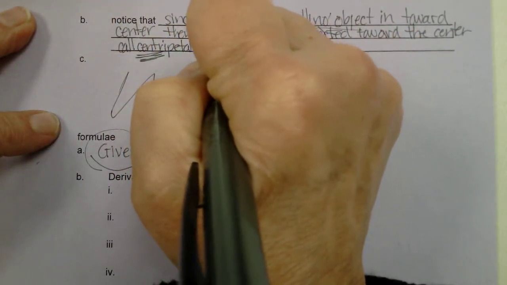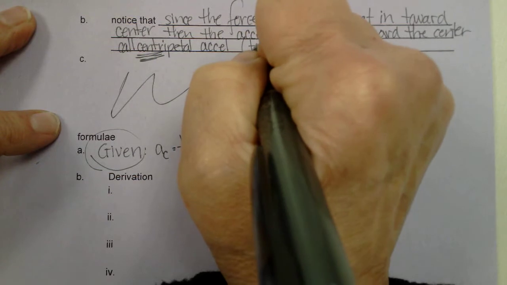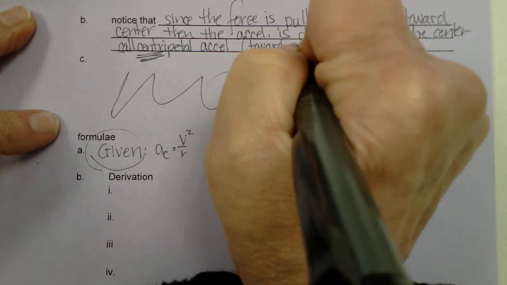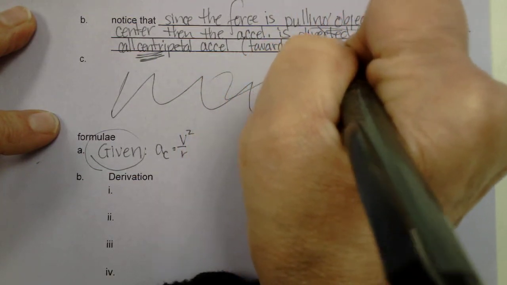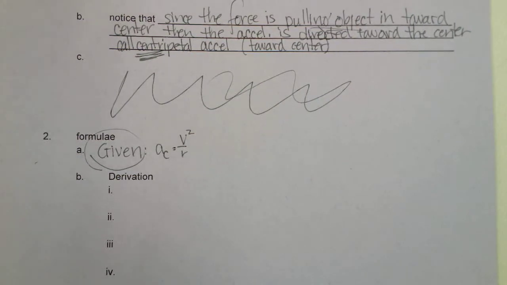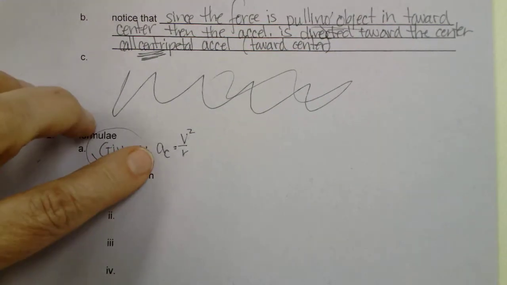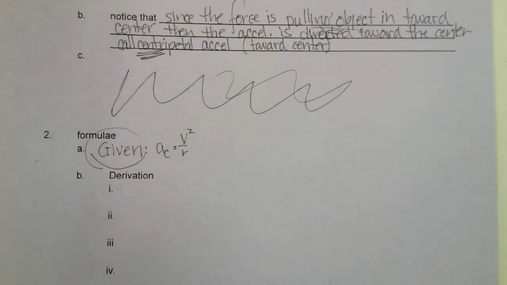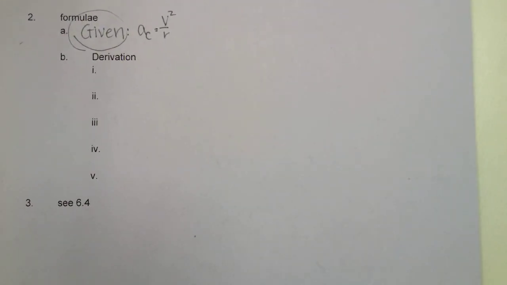Because it's pointed toward the center. Okay, so what I want to do in this derivation is get from centripetal acceleration that uses tangential speed to centripetal acceleration that uses angular velocity.